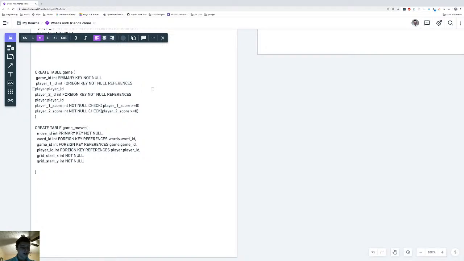Then you would need to know if it was placed horizontally or vertically. Position bool.